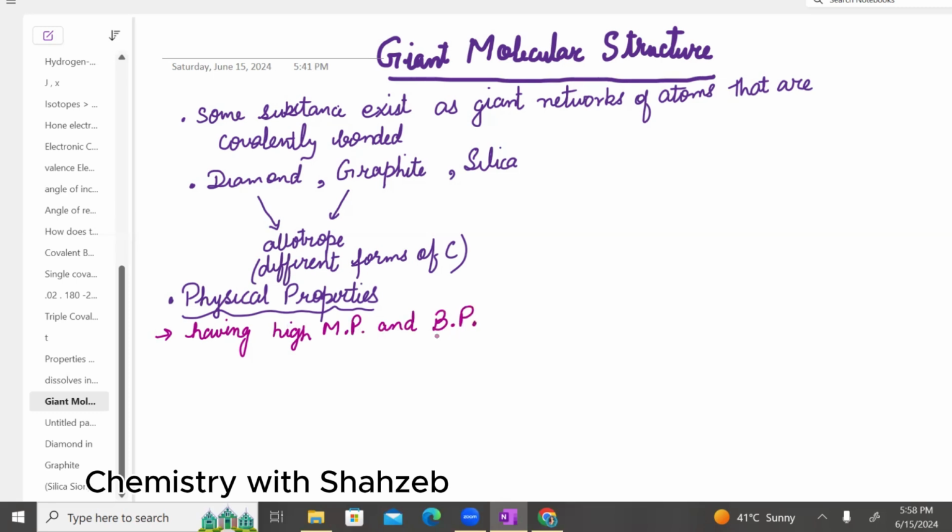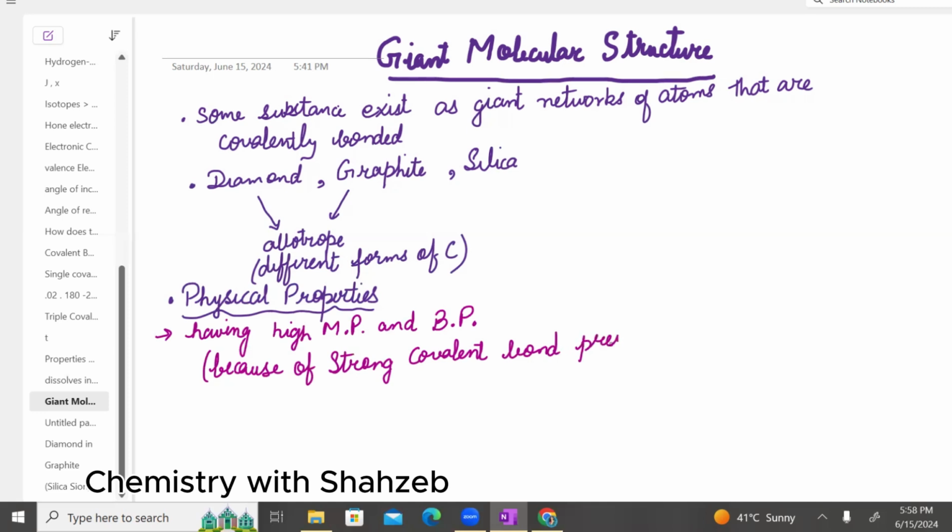Why do they have a high melting point and boiling point? Because of the strong covalent bonds present between the atoms.